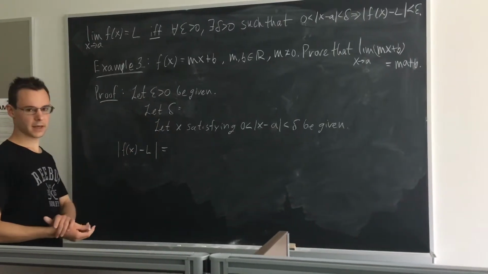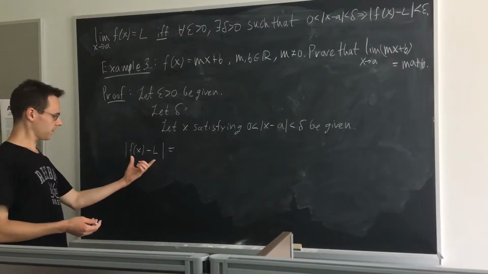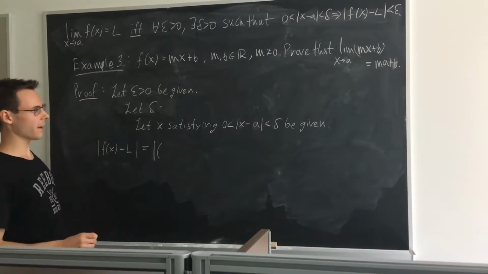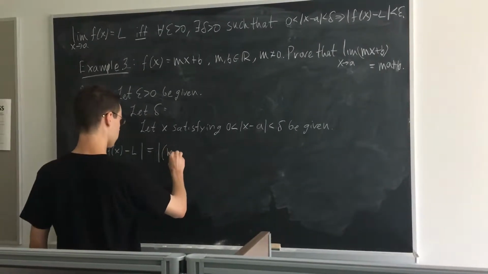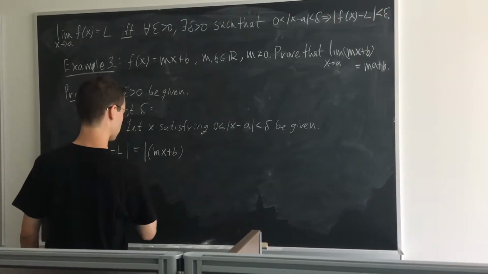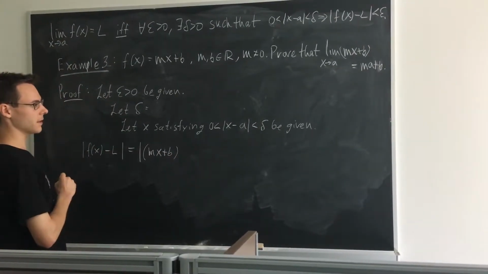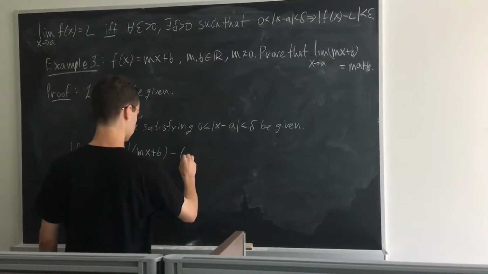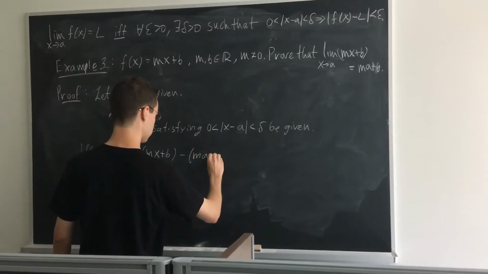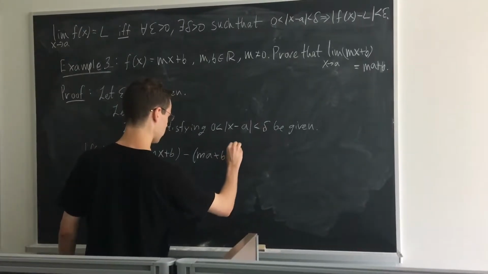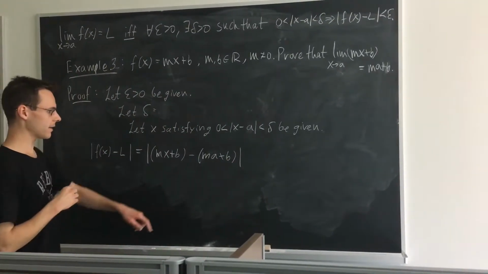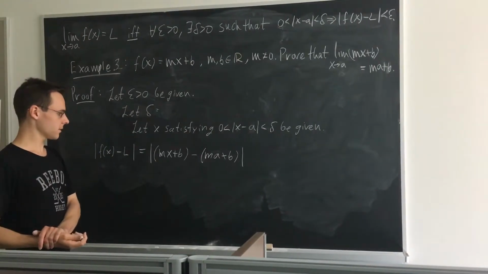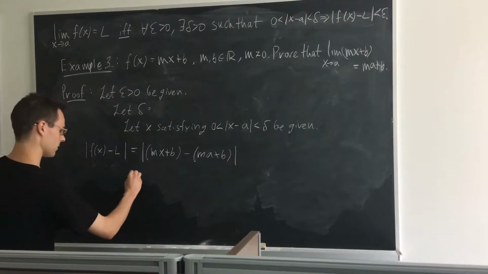First 3 lines remain the same as usual. And f of x minus L in this case will be what? Well, our f is mx plus b. Our L is ma plus b. So we have mx plus b minus ma plus b. There we go. And we want to show that this quantity will be less than epsilon. So let's do some algebra first.